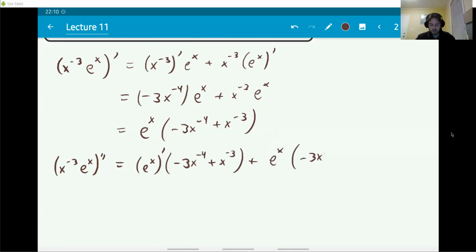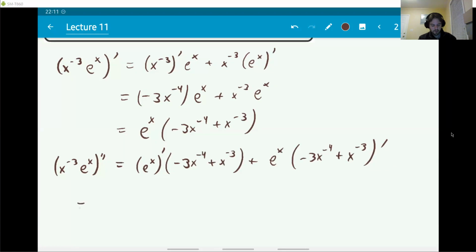So what I'm doing here is, again, applying the product rule to that expression, taking a derivative of e to the x first, right here, and then taking the derivative of the powers of x function right here. So this is all the derivative of the expression that we had for the first derivative.